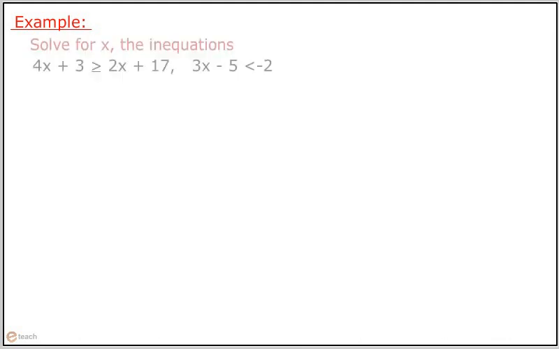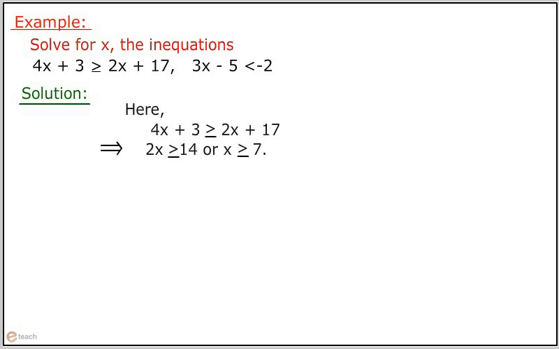Let us take another example. Solve for x the inequations 4x plus 3 is greater than or equal to 2x plus 17 and 3x minus 5 is less than or equal to minus 2. Let us see the solution. Here 4x plus 3 is greater than or equal to 2x plus 17, which implies 2x is greater than or equal to 14, or x is greater than or equal to 7.